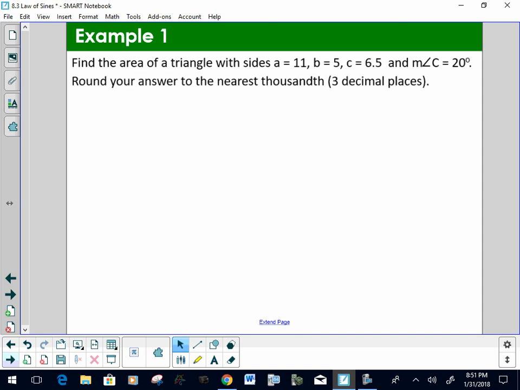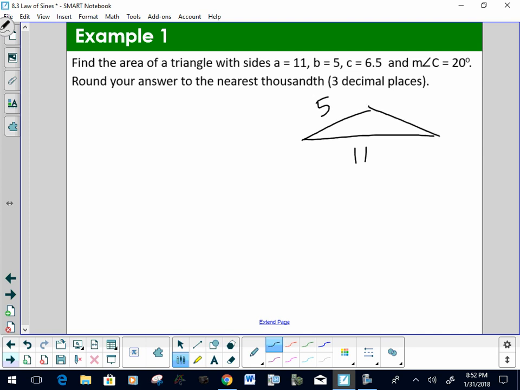Find the area of the triangle with sides 11, 5, and 6.5, and angle C in the triangle is 20 degrees. Now it doesn't give us a picture, we can draw one. You can try to draw it to scale if you want, but as long as you get roughly the right idea, I'm going to call that 11, 5, and 6.5.